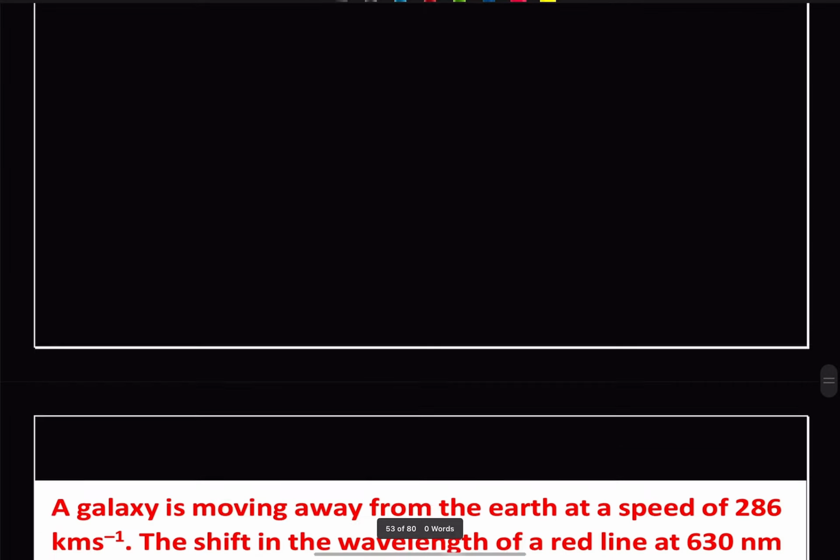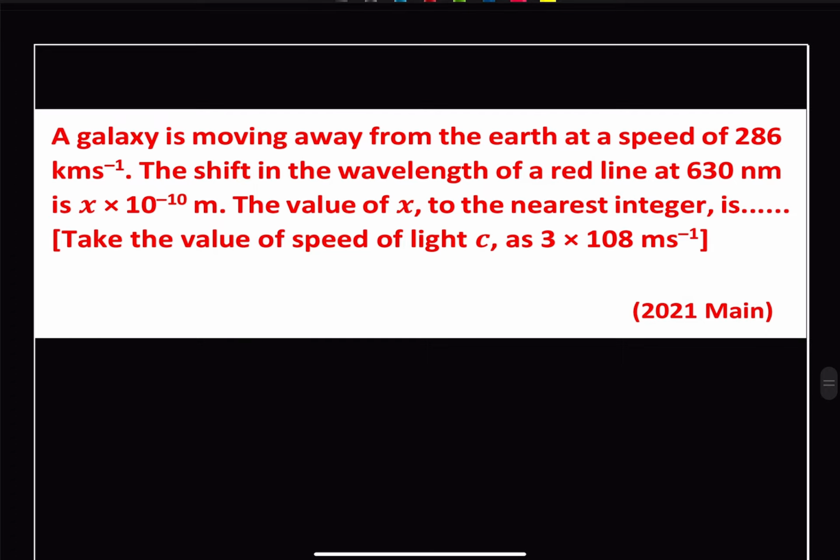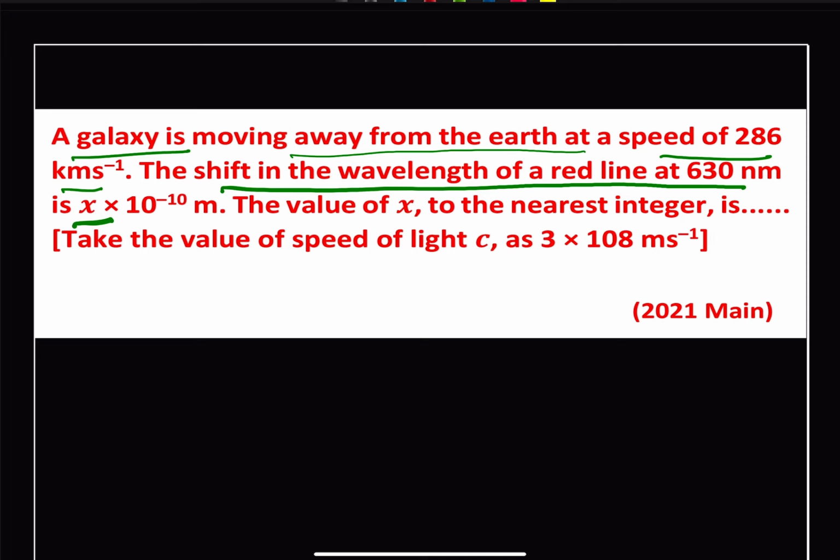Next question, and it states that a galaxy is moving away from the Earth at a speed of 286 km per second. The shift in the wavelength of a red line at 630 nanometer is x into 10 to the power minus 10.